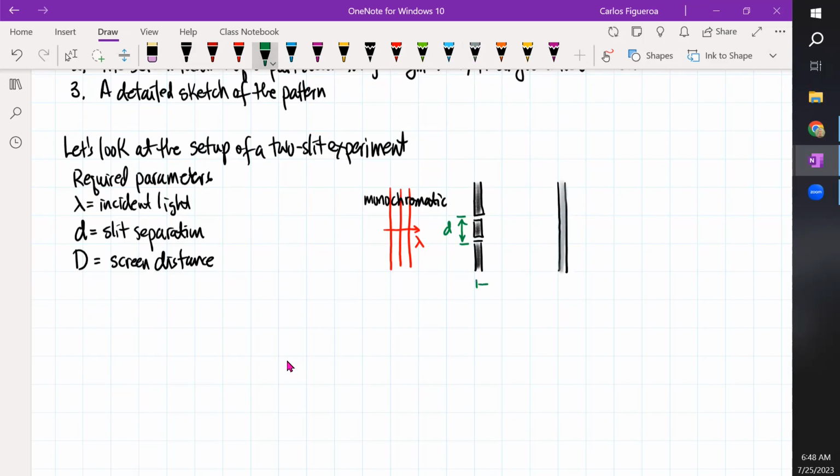So the distance from here to here is my screen distance. Now I'm going to have interference patterns due to these overlapping waves.